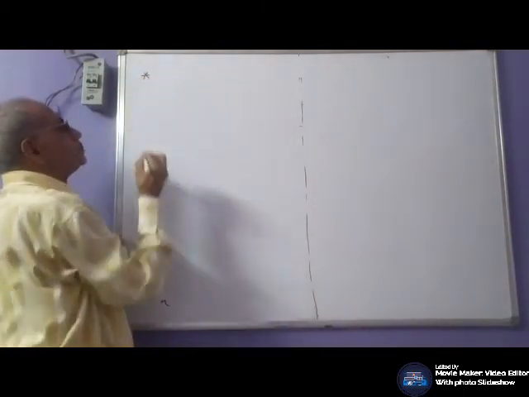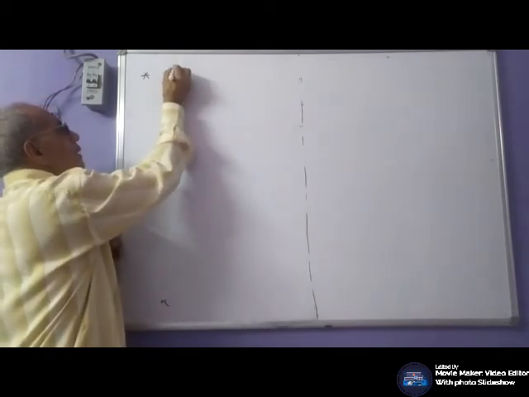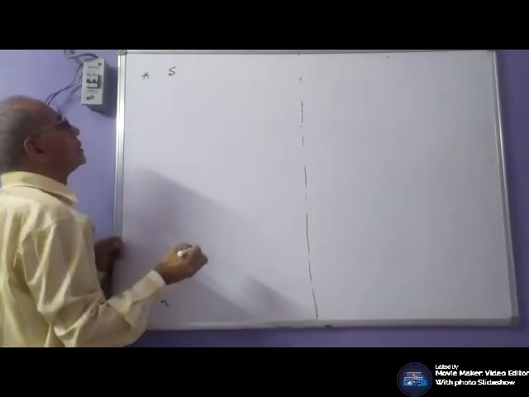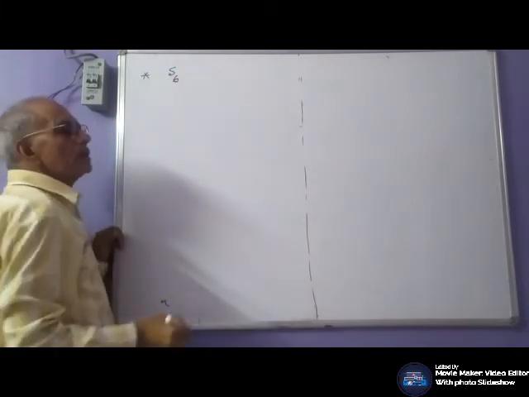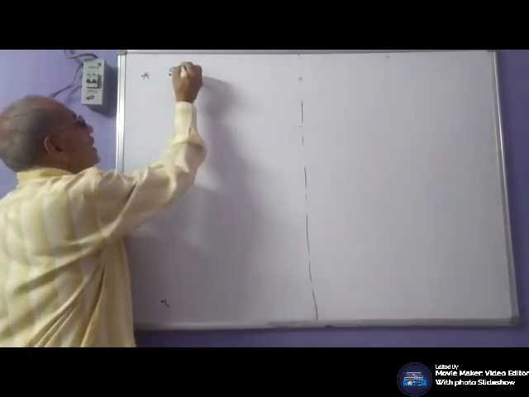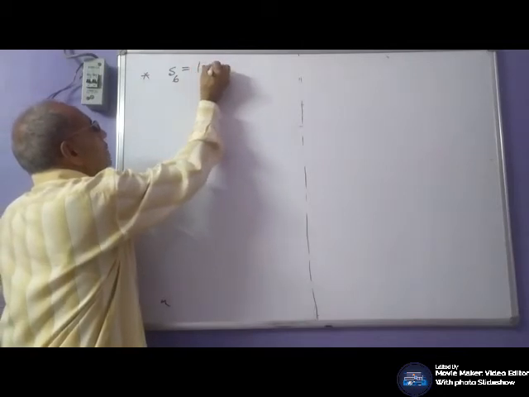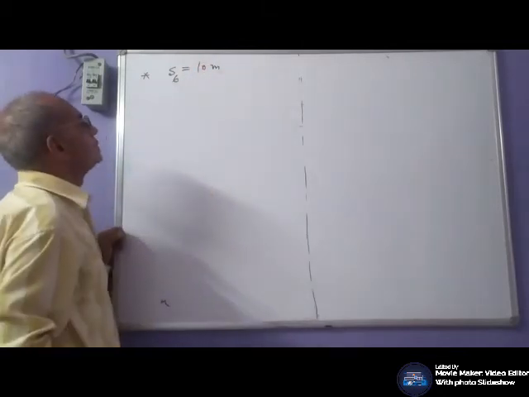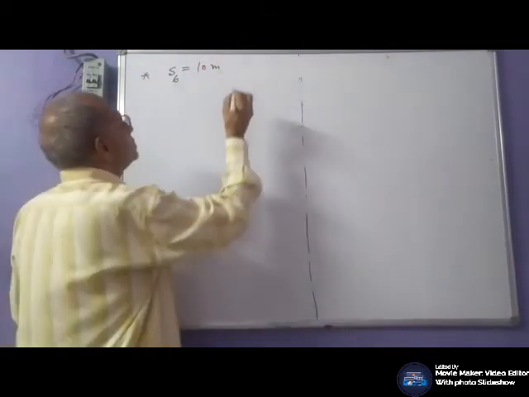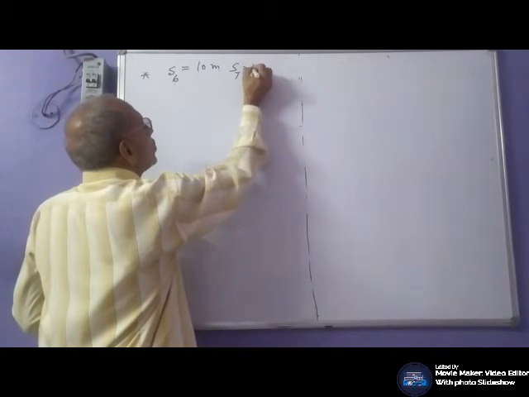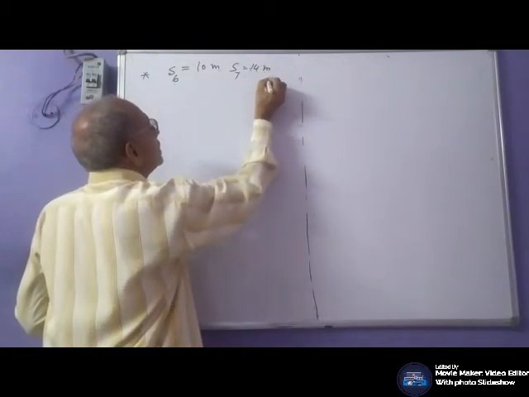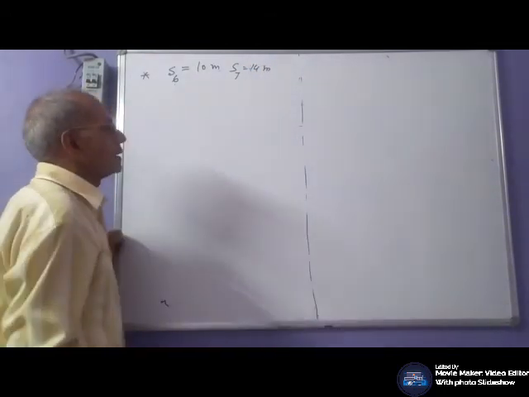Now a question. Let a body travel a distance 10 meter in 6 seconds, 14 meter in 7 seconds.